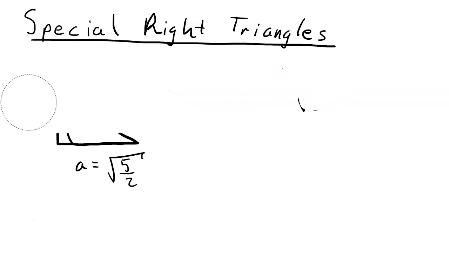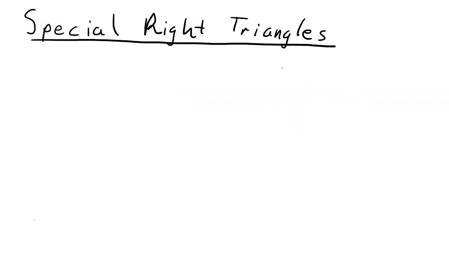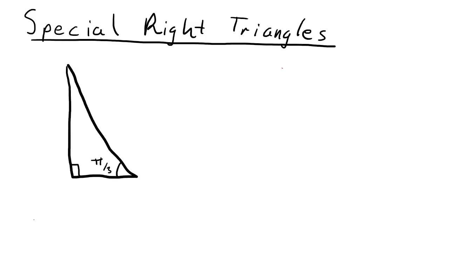Alright, so let's look at our other triangle. So this is going to be the pi over 6, pi over 3 triangle. So this is going to be pi over 3. And let's say that this side is square root of 3 over 2. So from our definition, we know that this is equal to A over 2. So that tells us that A is equal to square root of 3.